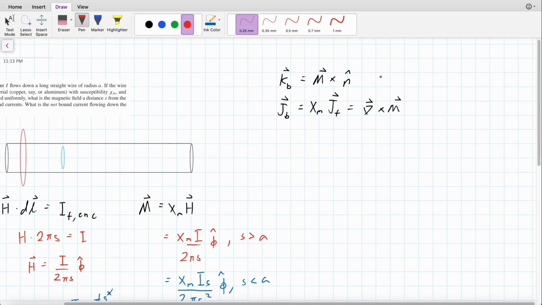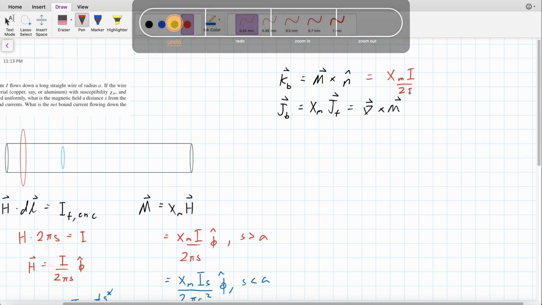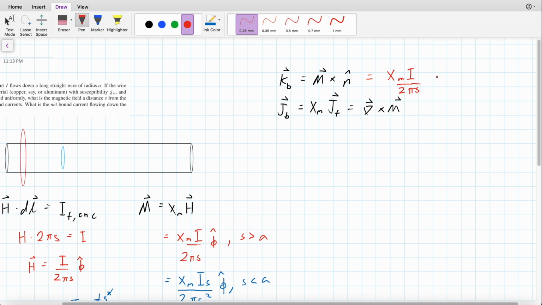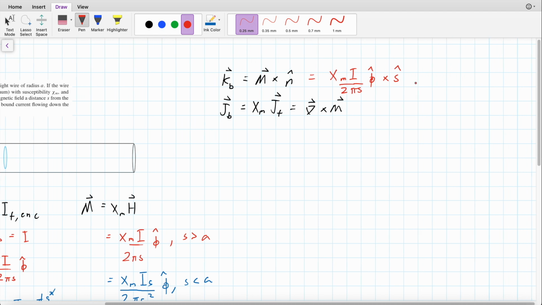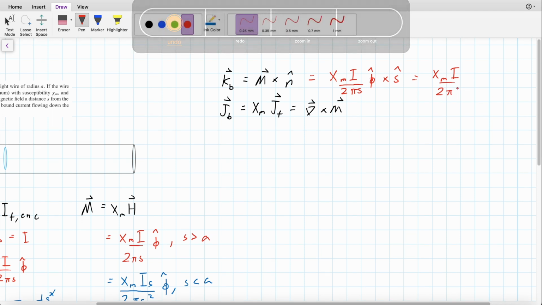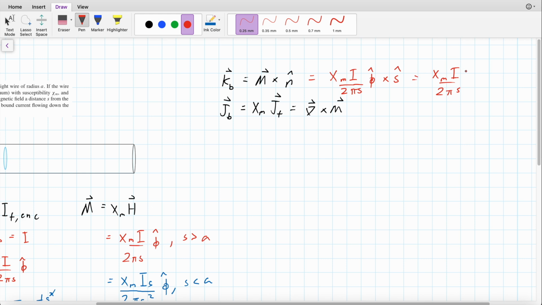This would be equal to chi_m I_free divided by 2 pi s in the phi hat direction cross s hat. Phi hat cross s hat is negative z hat.